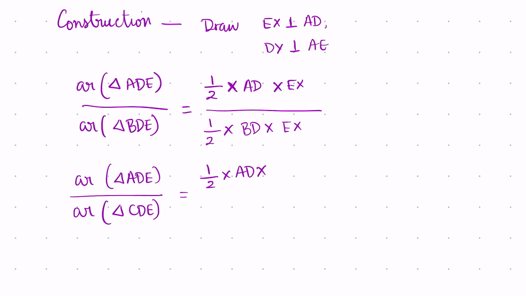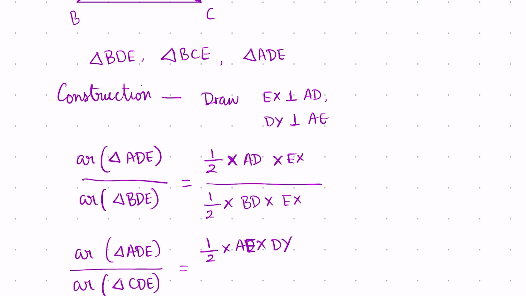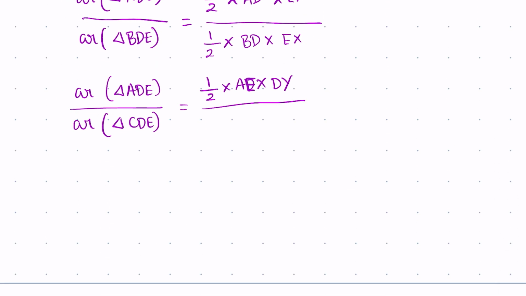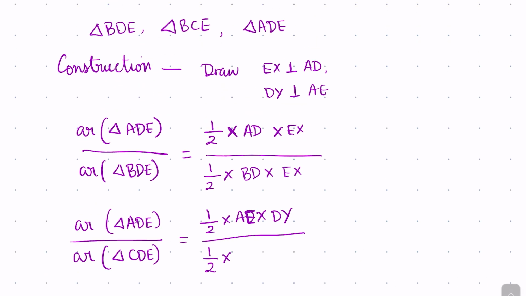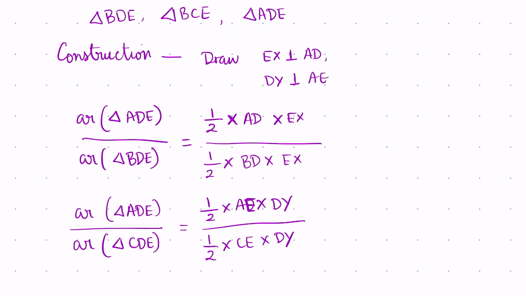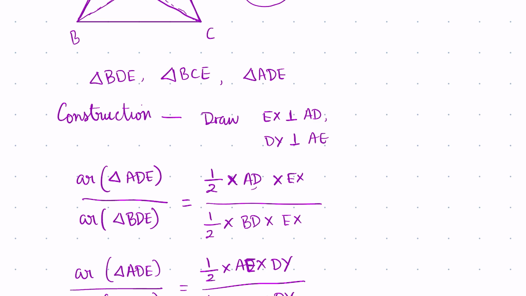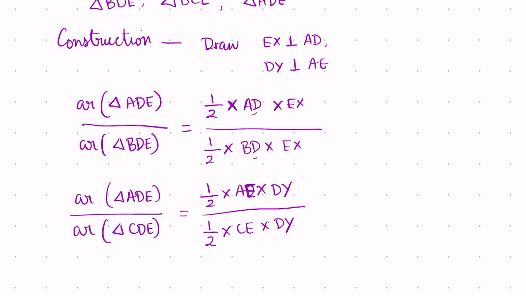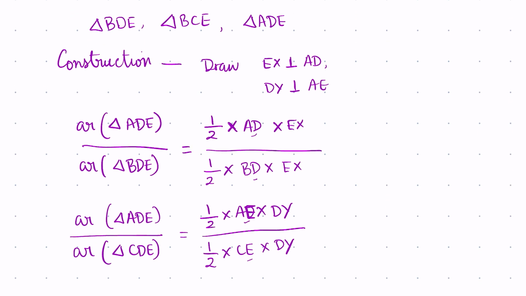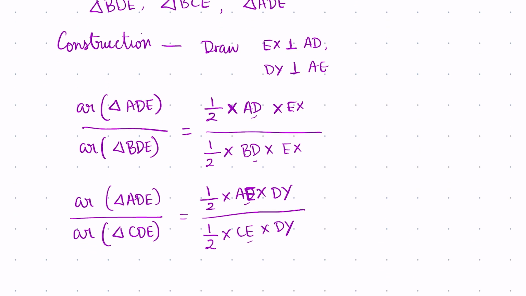The base is AE in this case times DY, right? DY is the height that we constructed, divided by the area of CDE. So that's half into base CE times DY. So as you can see, AD by DB we get from this equation, and AE by CE we get from this equation. If we can equate them somehow, then we're done.